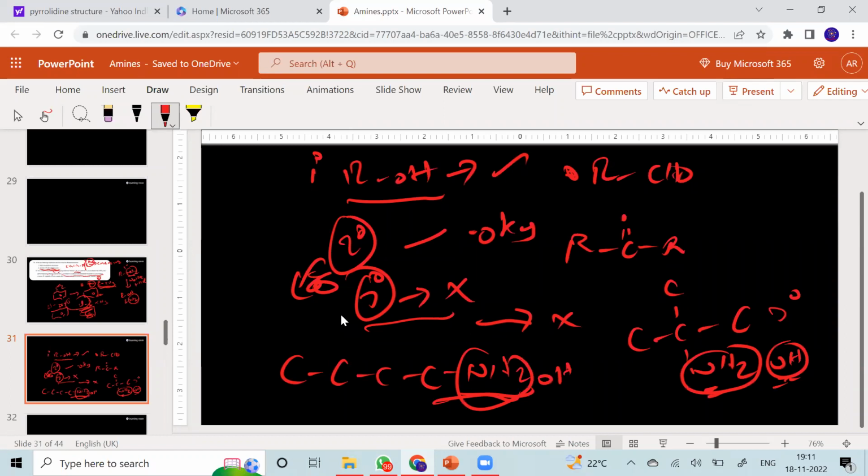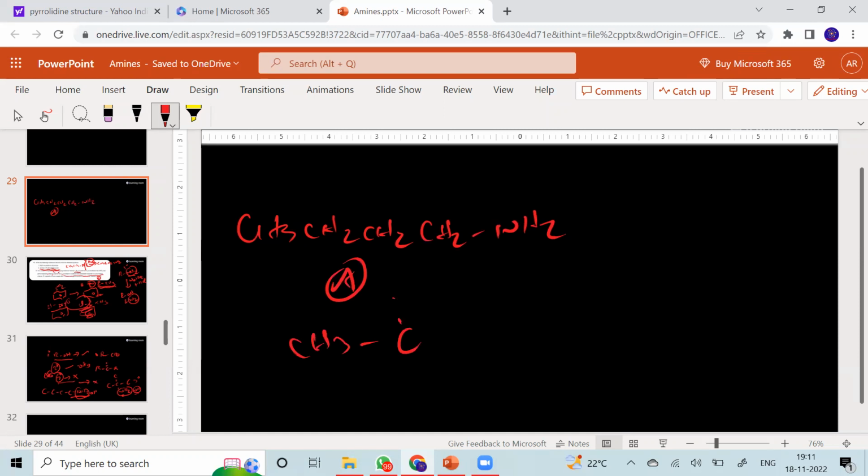It is going to give the turbidity in the least time. So A and B should have been like this: CH3CH2CH2CH2NH2, this would have been your A, and you would have had this one to be your B. And eventually you convert them into your OH, that becomes your C and D.